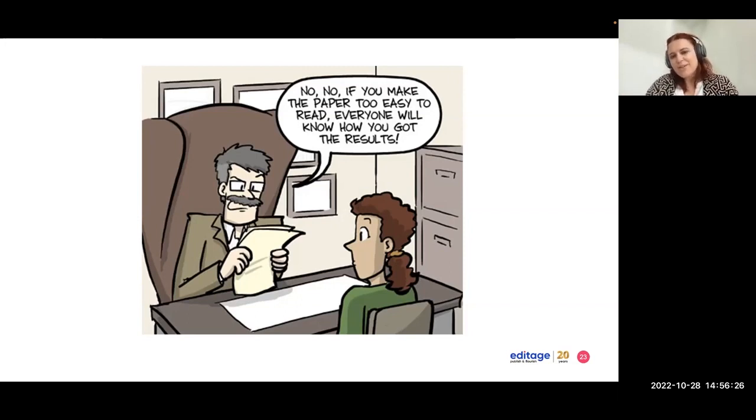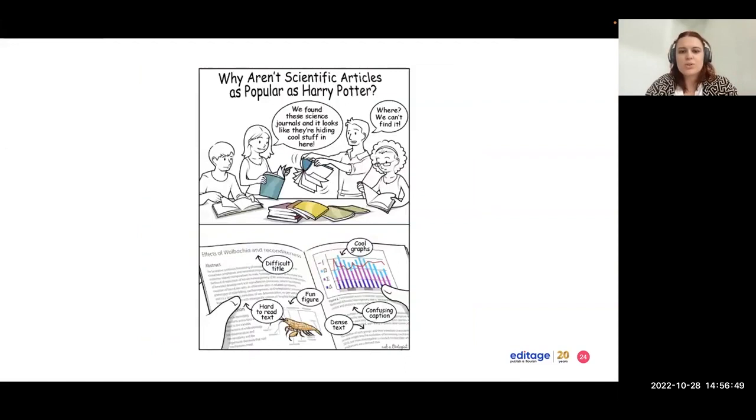So this comic is quite interesting because what we tend to do as researchers in the beginning of our careers is to overcomplicate our papers. But papers need to be easy to read because everyone should be able to understand how you got your results and what your results mean.